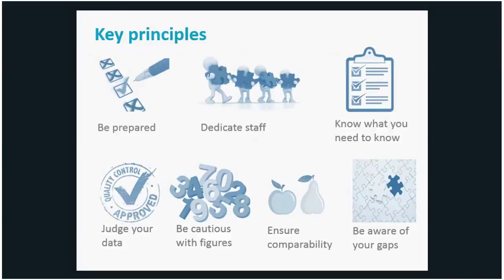We also explored a bit how we can judge data and sources, and talked about how we should be cautious about figures, how difficult it is to ensure comparability, and how we, at the end of the day, need to acknowledge that the secondary data review comes with limitations and gaps.